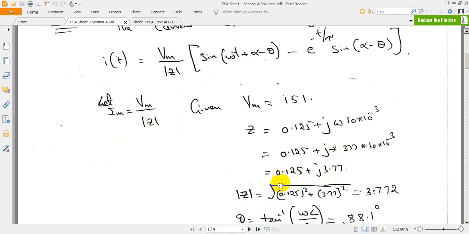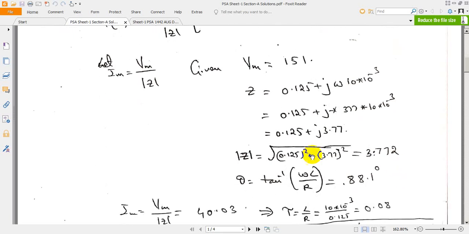Magnitude of the impedance is square root of R squared plus XL squared. Substitute the values, you will get 3.772 ohms.